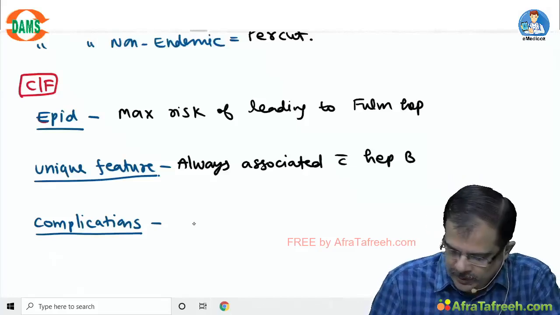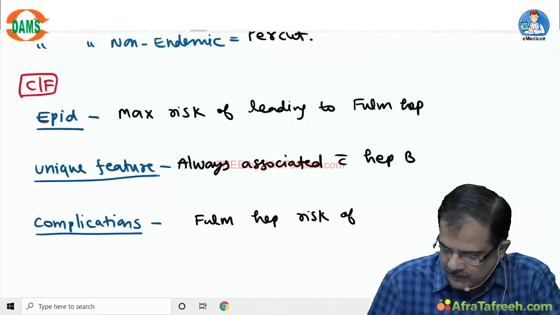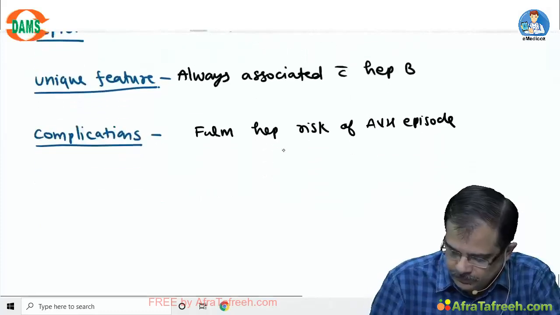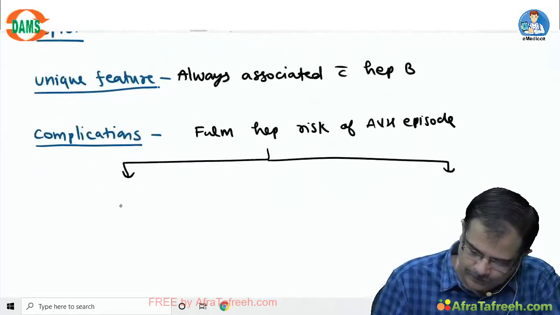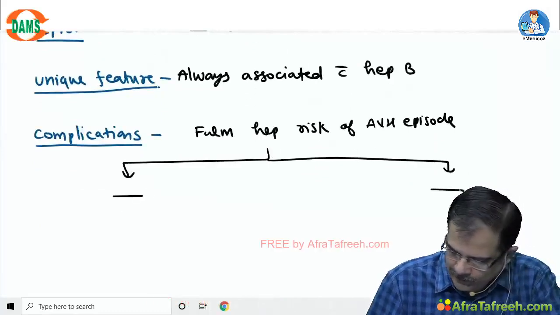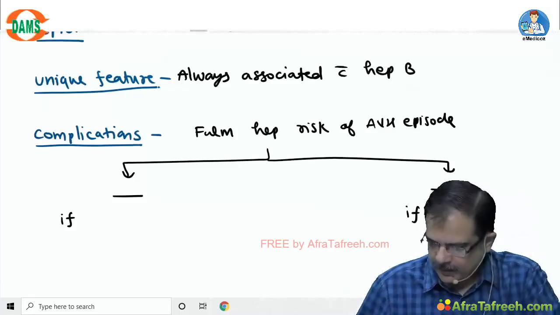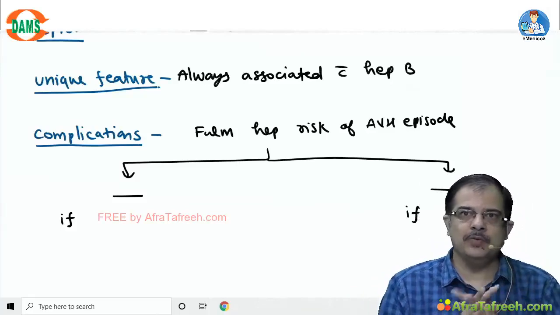So the most important complication is the risk of fulminant hepatitis after an acute viral hepatitis episode of D. This risk depends upon how hepatitis D is entering into the body.